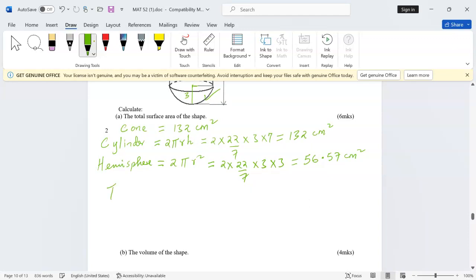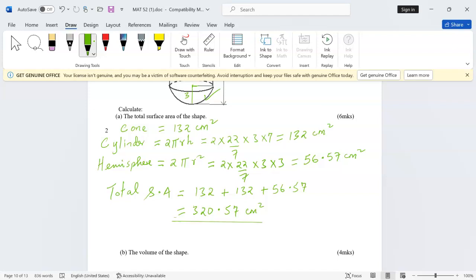Now the total surface area requires 132 plus 132 plus 56.57, and this gives us a total surface area of 320.57 square centimeters. So that is the total surface area of the solid.